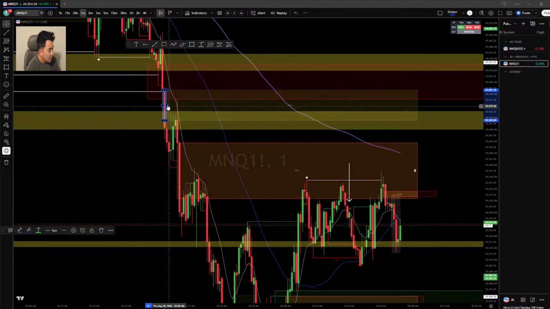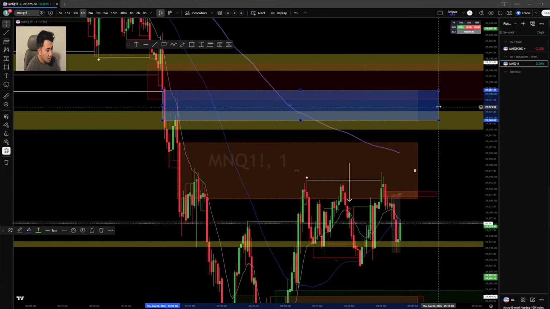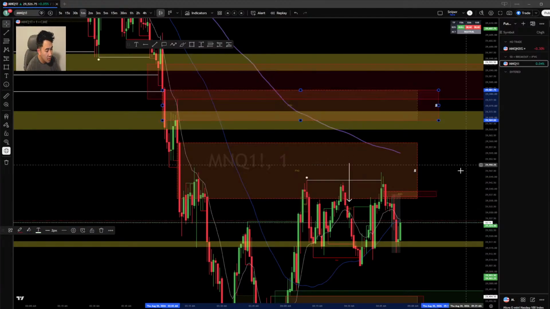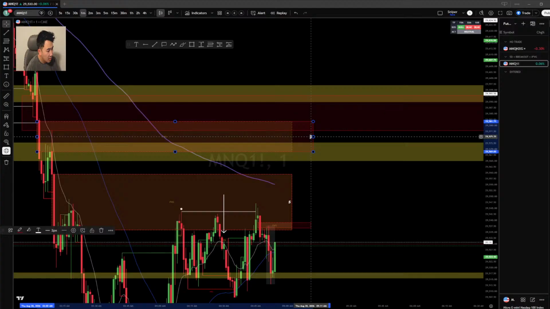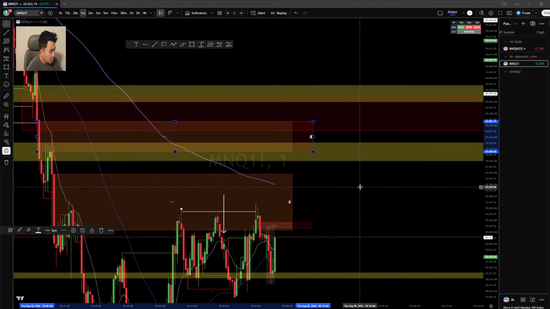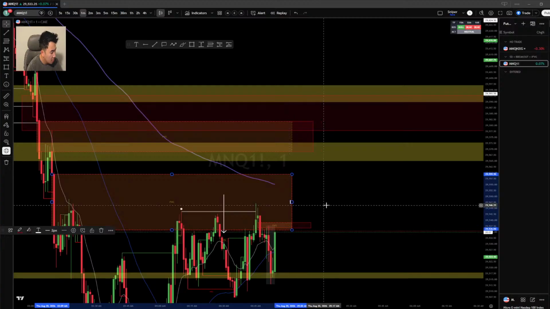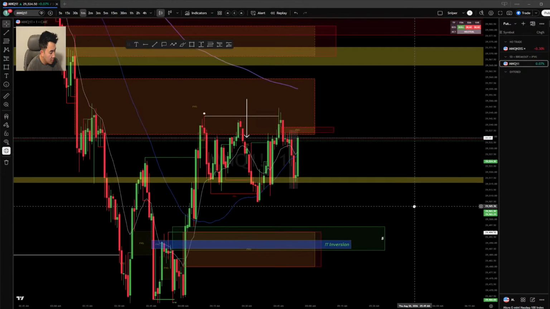Have another gap right here. There's 5 on it.